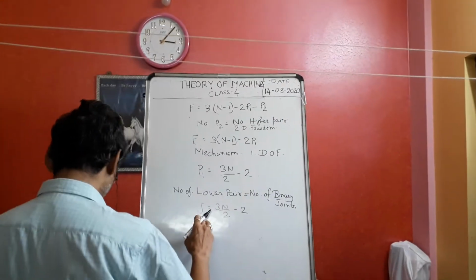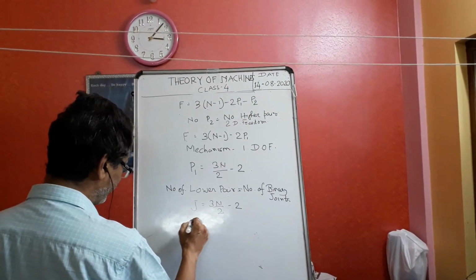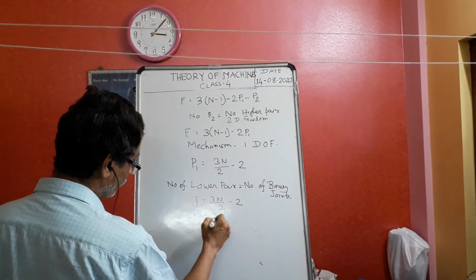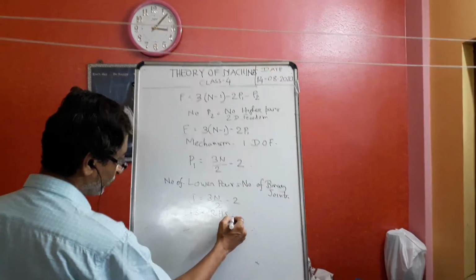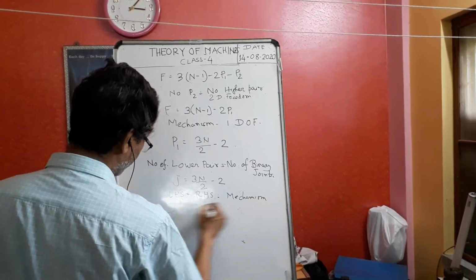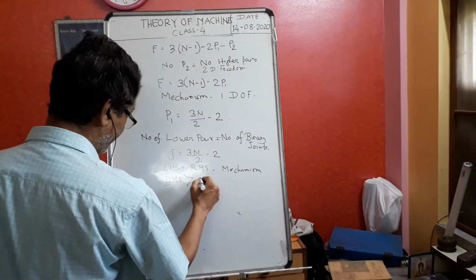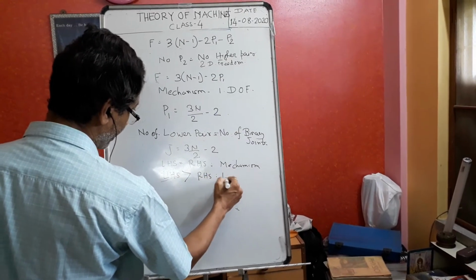Let me recapitulate: if LHS equals RHS, it is a mechanism. If the left hand side is greater than the right hand side, it is a locked chain.